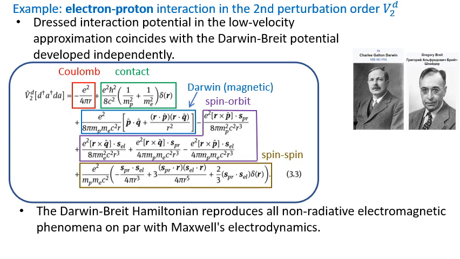It is well known that the Darwin-Breit Hamiltonian describes very well all electromagnetic phenomena which do not involve radiation. So it has a potential to substitute the field-based Maxwell theory. Moreover, it describes energy spectra of atoms with relativistic precision.